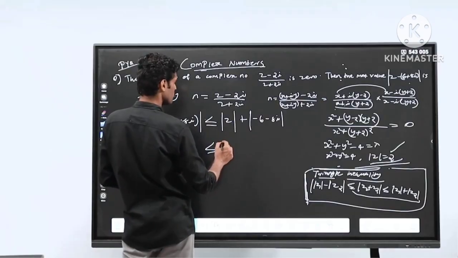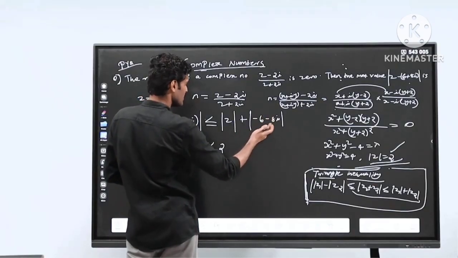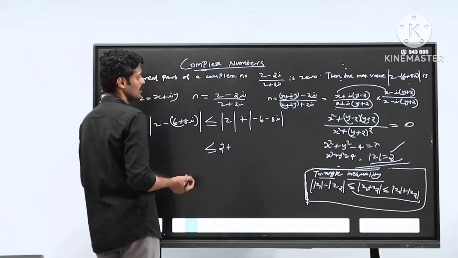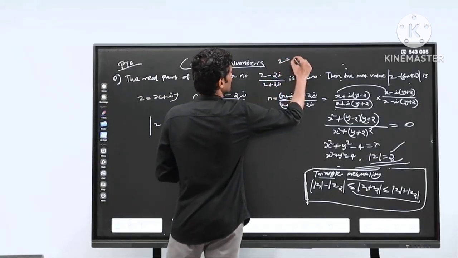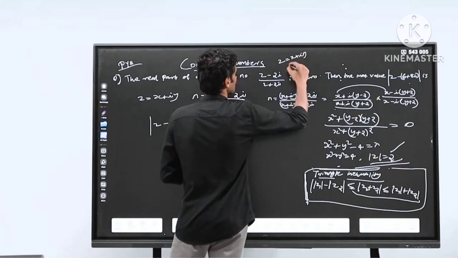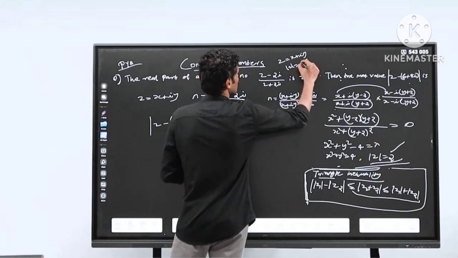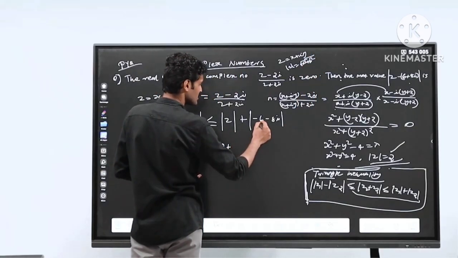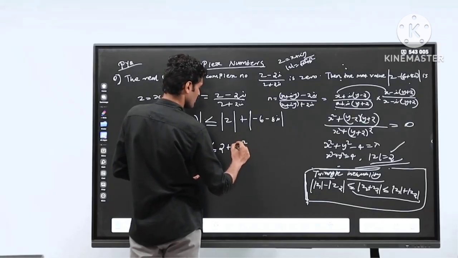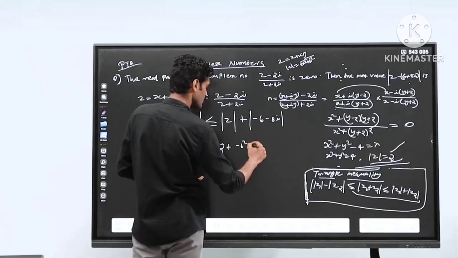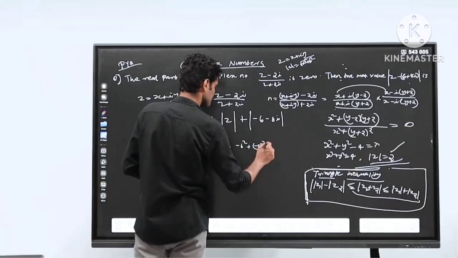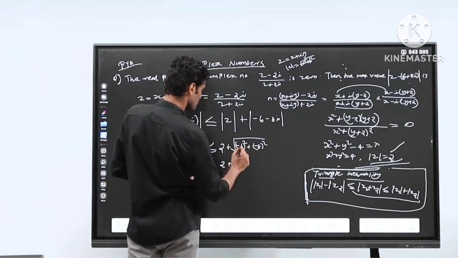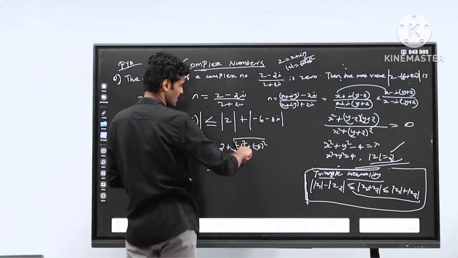And what is the modulus value of minus 6 minus 8i? That is how we find the modulus value of a complex number. If z is a complex number x plus iy, then the modulus value mod z equal to root of x square plus y square. Same here, root of minus 6 square plus minus 8 square, that is less than or equal to 2 plus, this will be 36 plus 64, that is 100.